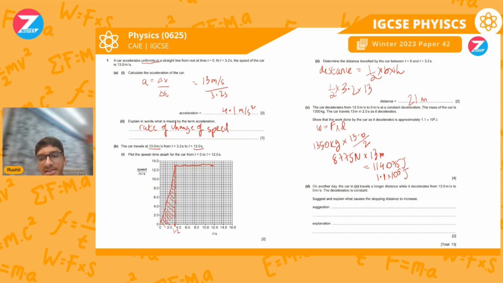So, if the stopping distance increases, that means the force would have to decrease to keep the work done constant. If you draw a tiny visualization, the car applies a force backwards to put the brakes on.